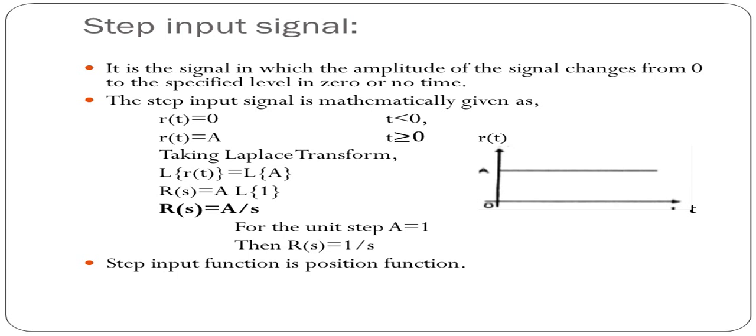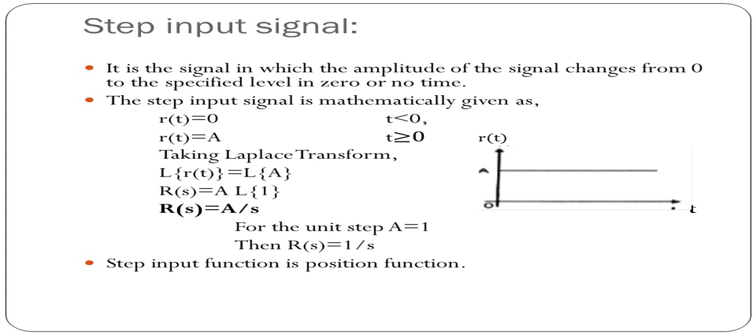Now we have to take the Laplace of A. A is the constant term, so it is kept as it is, and we have to take the Laplace of 1. Recall the standard Laplace transforms we have studied in the last unit. The Laplace transform of 1 is 1 upon s. So totally it becomes R of s is equal to A divided by s.